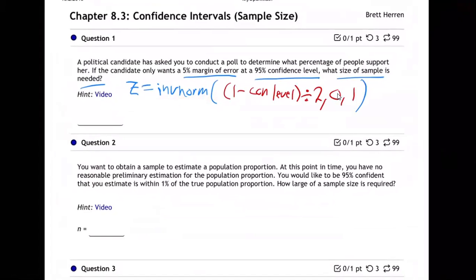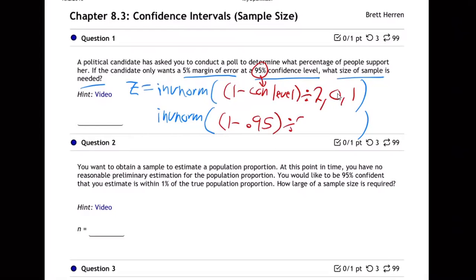So let's plug that in. That's going to be inverse norm, parenthesis, 1 minus confidence. What's that? Well, that's the 95%. So I've got to make it a decimal, 0.95, divided by 2, 0, 1. We have to do that on our calculator.